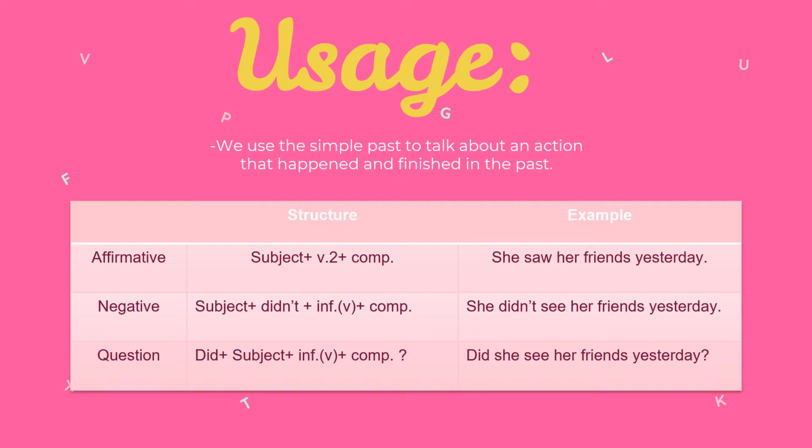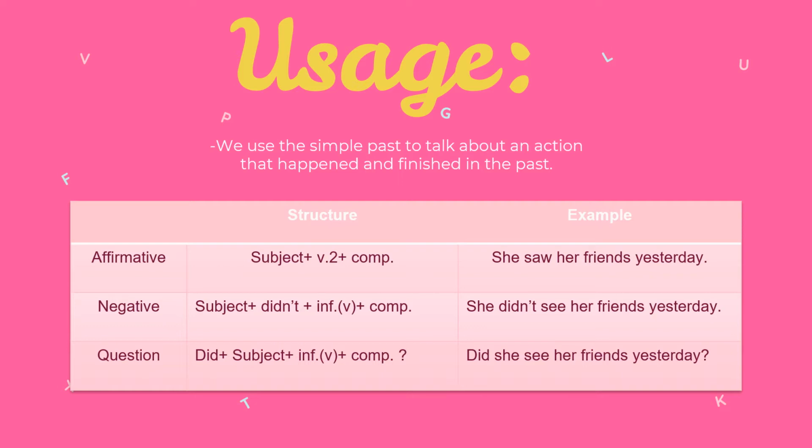Let's take a look at the example. She didn't see. Pay attention that I use the infinitive form of the verb with did. She didn't see her friends yesterday. Now what about the questions, interrogative? If I want to change a sentence in the simple past into a question, I must use did, okay?